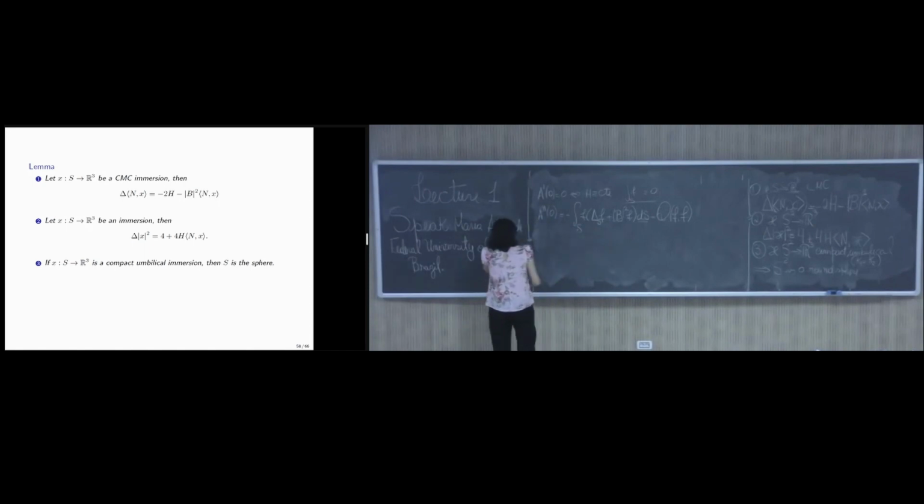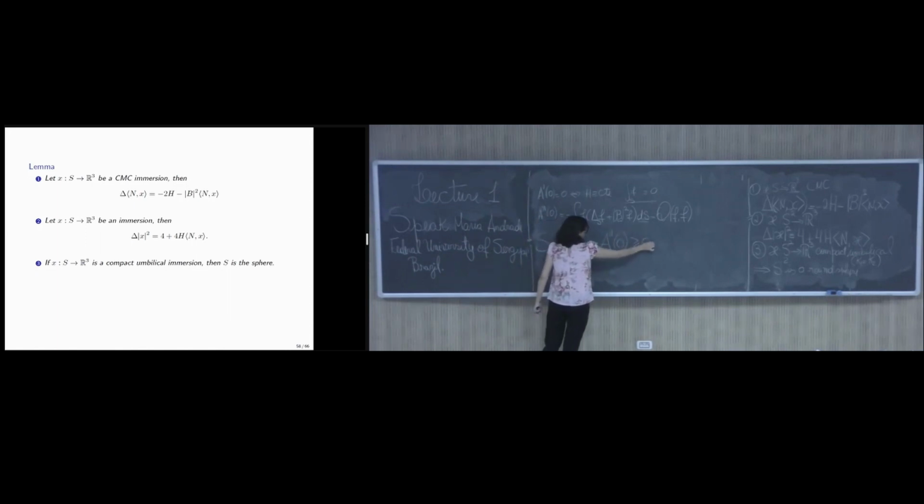First, if a surface is stable, after I prove with details, then you have that the second variation satisfies this.